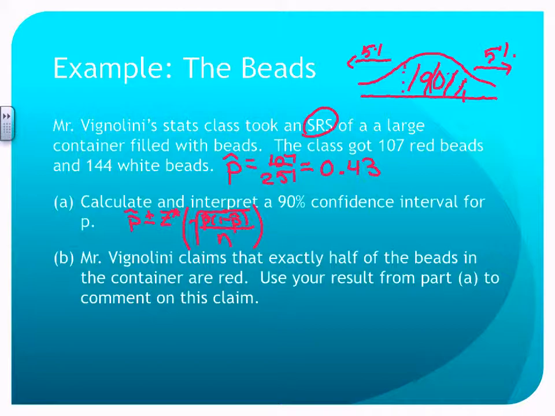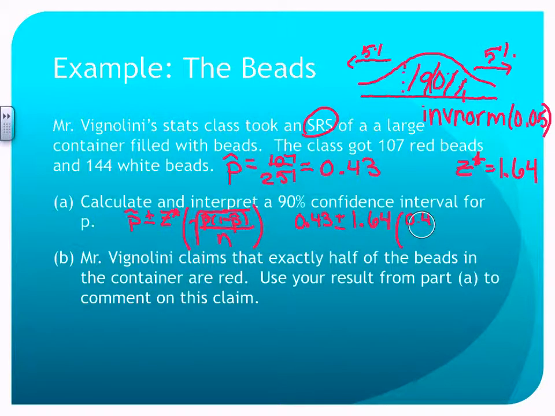Our p hat is 0.43. You can find your critical value by inverse norming 0.05 or 1 minus it, okay? It's going to give you a z critical score of 1.64, a very common one. 1.96 for your 95% is another very common one. So 1.64.